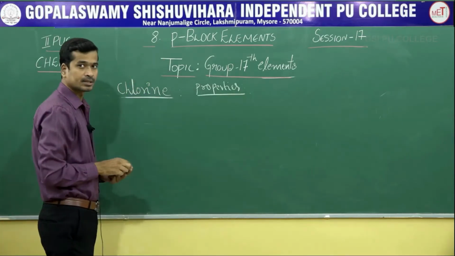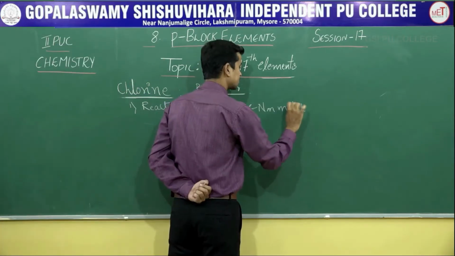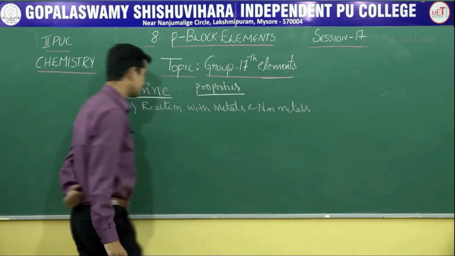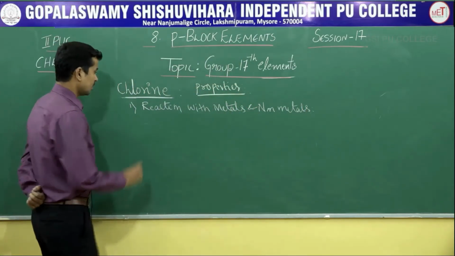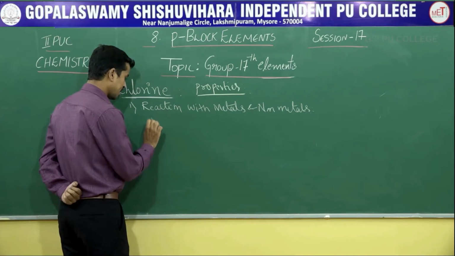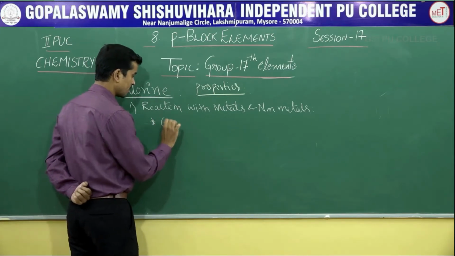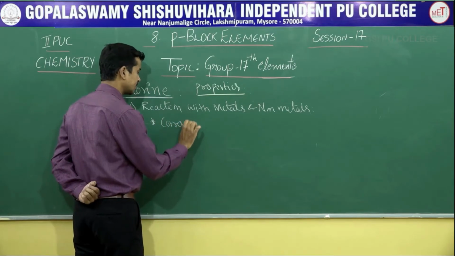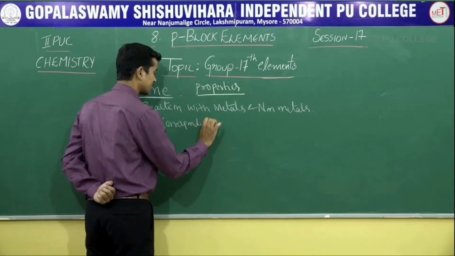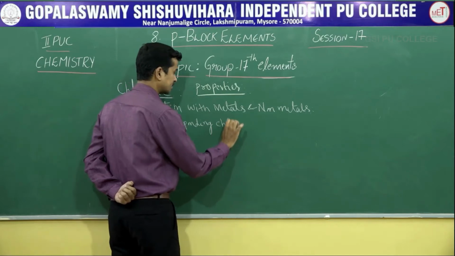In chemical properties, the first one is reaction with metals and non-metals. Chlorine reacts with metals and non-metals to give corresponding chlorides. That's very important.